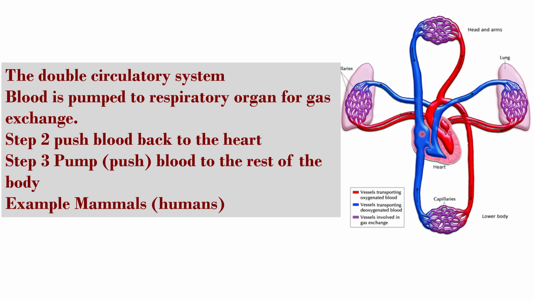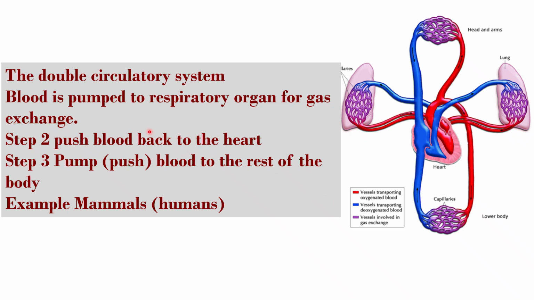It does not contain enough oxygen. The heart pumps the blood to the lungs, where it releases carbon dioxide and picks up oxygen. This blood returns back to the heart, which pumps it to all organs of the body in a closed circuit.